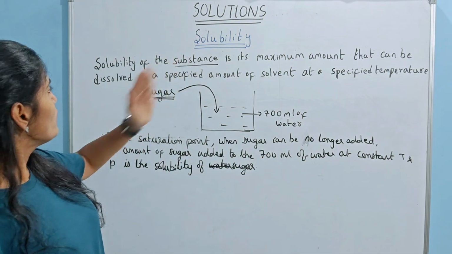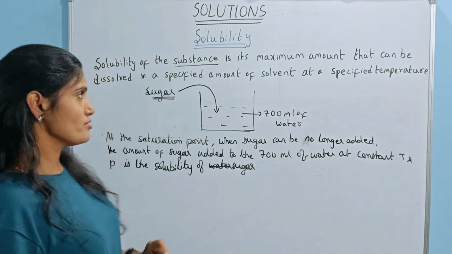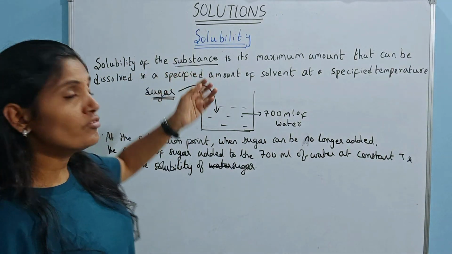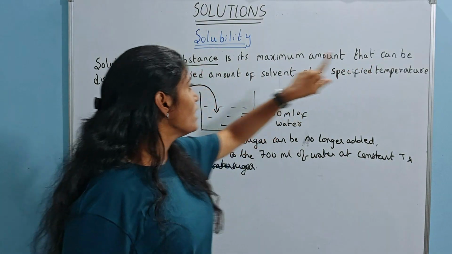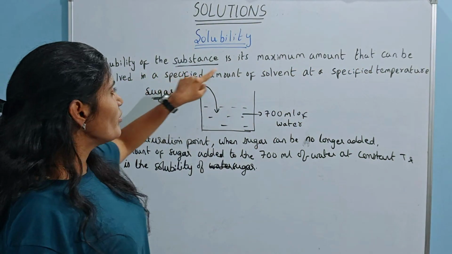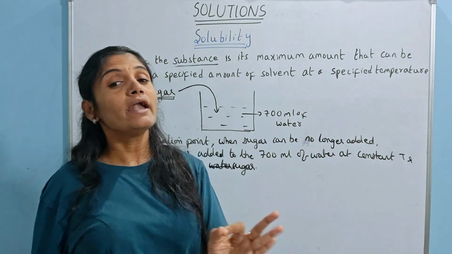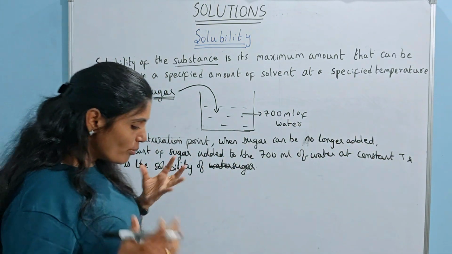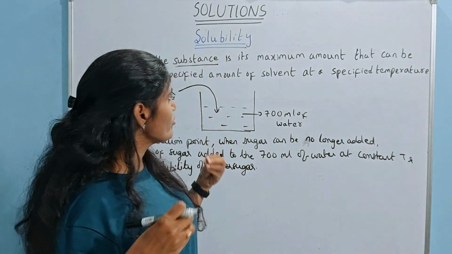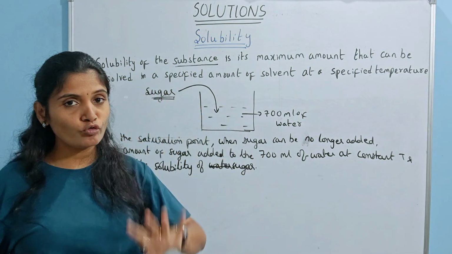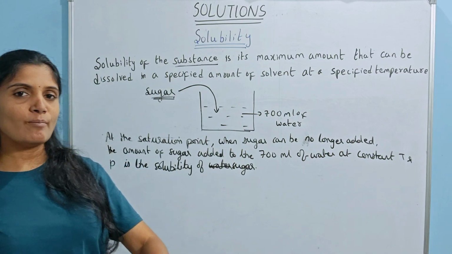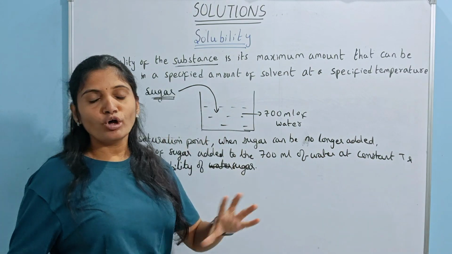Now if I go back to the definition, you can very easily understand. Solubility of the substance is its maximum amount that can be dissolved in a specified amount of solvent at a specified temperature. How much maximum substance I can add in a specified amount of solvent at a specified temperature is called solubility.